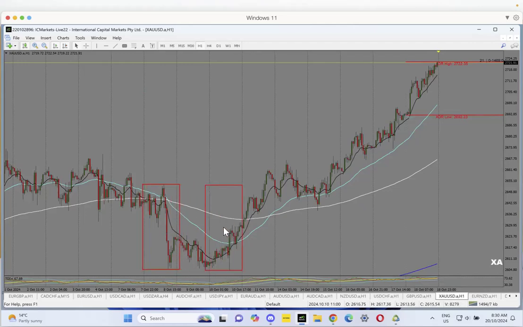The market then moved 1. The market then moved 2. And the market then moved 3, up to there.